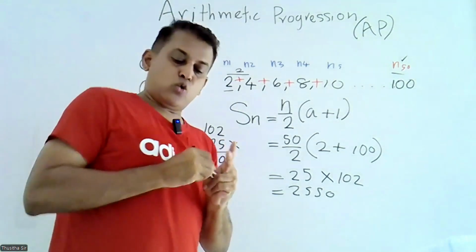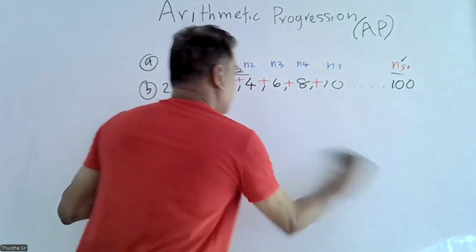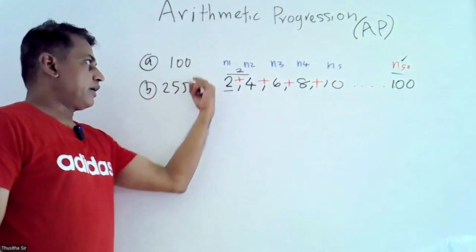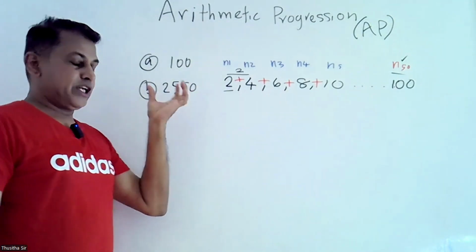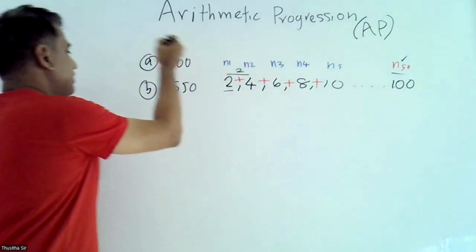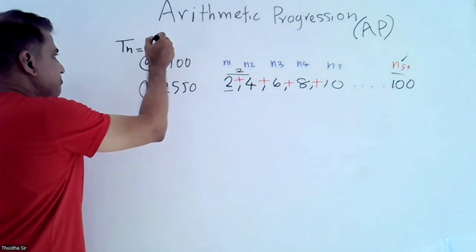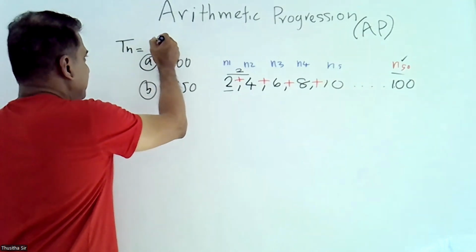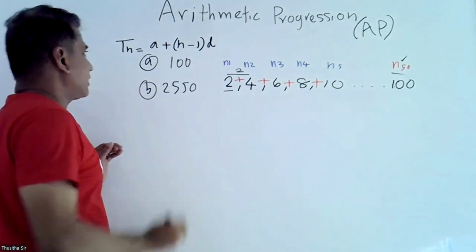Now I can do both in one formula. Remember the first formula we wrote? That's A plus n minus 1 D.